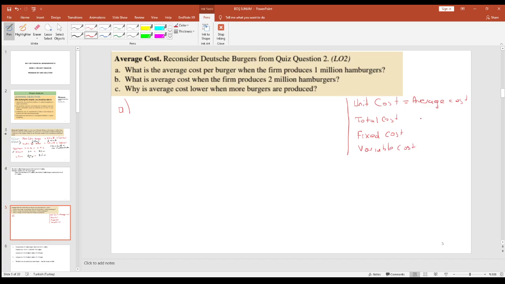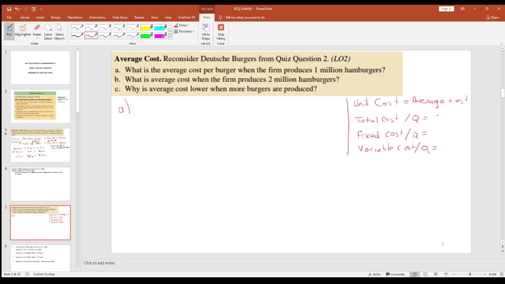So if you divide each of these terms by Q, number of quantity produced, you will find unit cost per total cost, fixed cost, and variable cost.